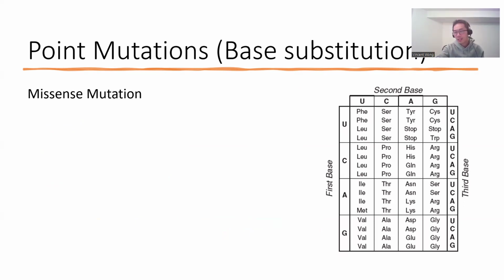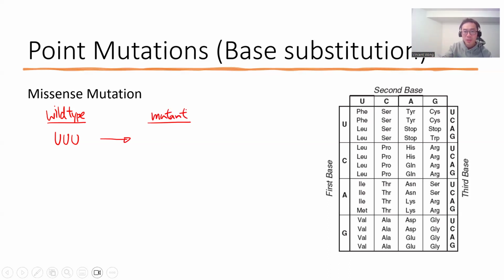So anyway, moving on. Missense mutation. Let's say we have UUU. This is called the wild type. And then we have the mutant. That's actually what they're called. So UUU, let's say it mutates to UUA. Let's look up UUU again. We just did.